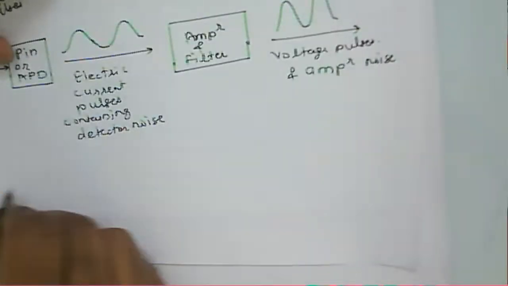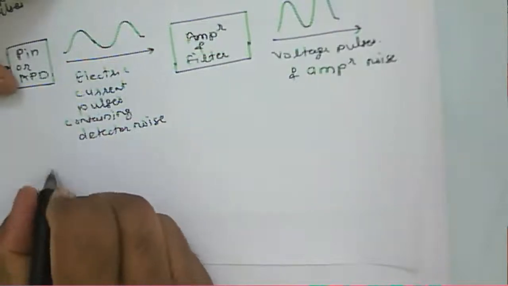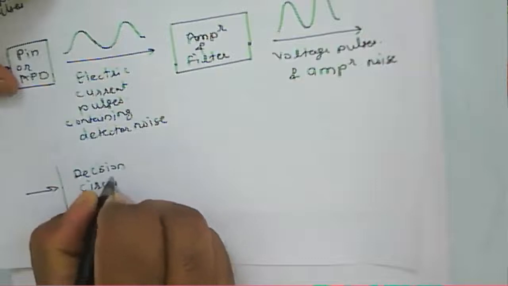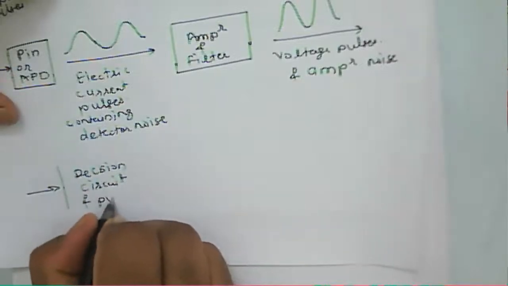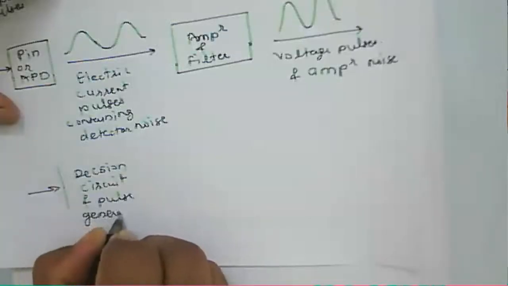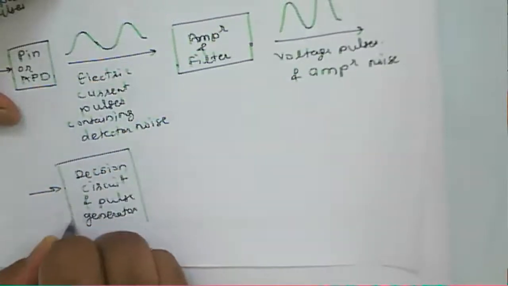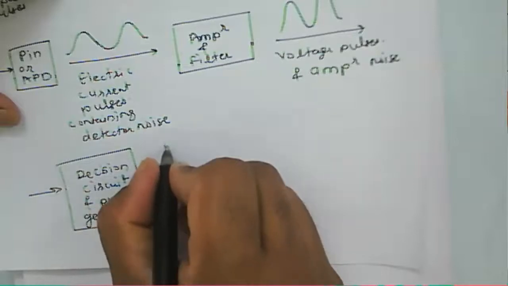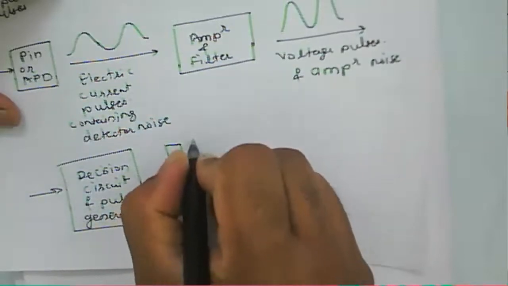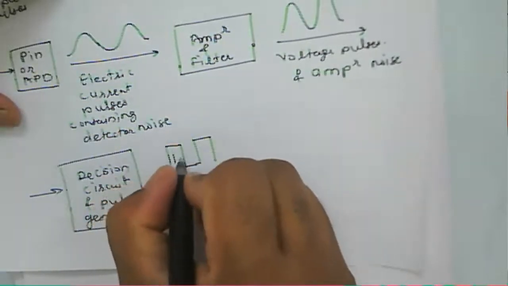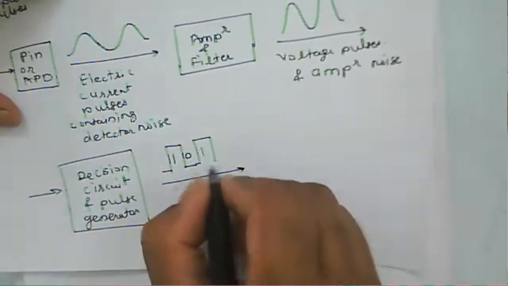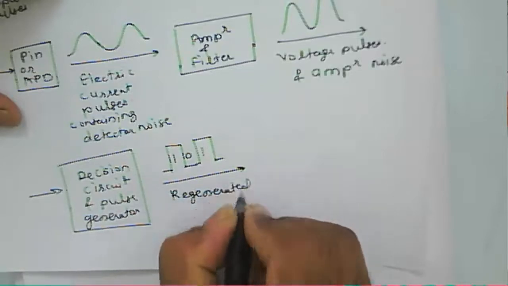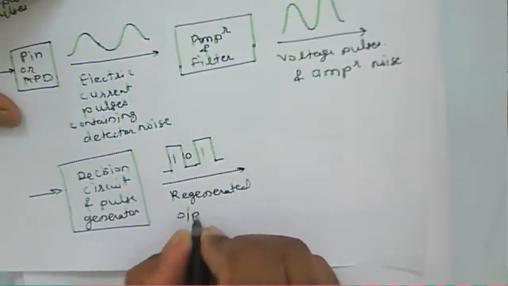And then we require a decision circuit, and a pulse generator here, and then it produces whatever the expected output in the form of 101. So we'll receive that information, that is about 101, that is a regenerated output voltage pulse.